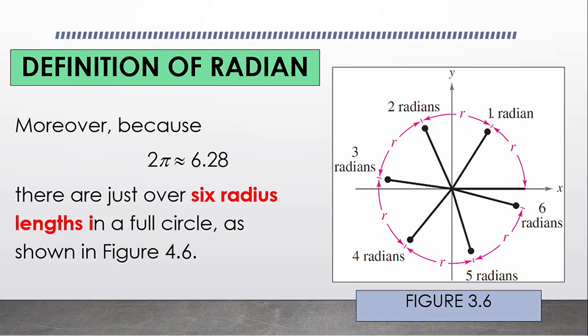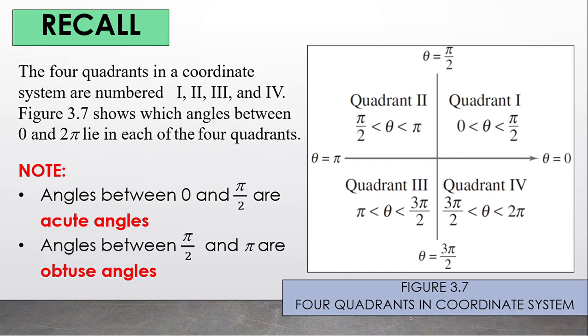So radian 1, 2, 3, 4, 5, 6: we have 6 radians, or radius lengths. Okay, let's proceed to the next. Let's have the recall.